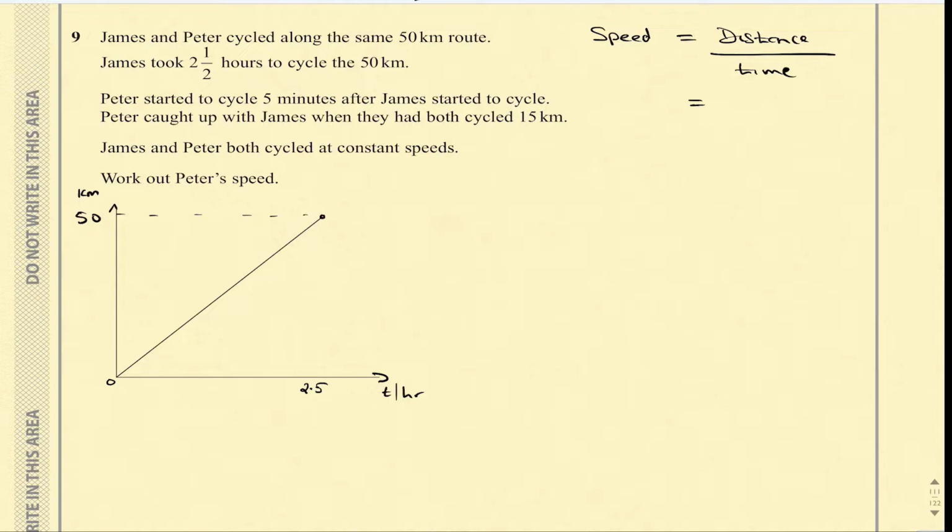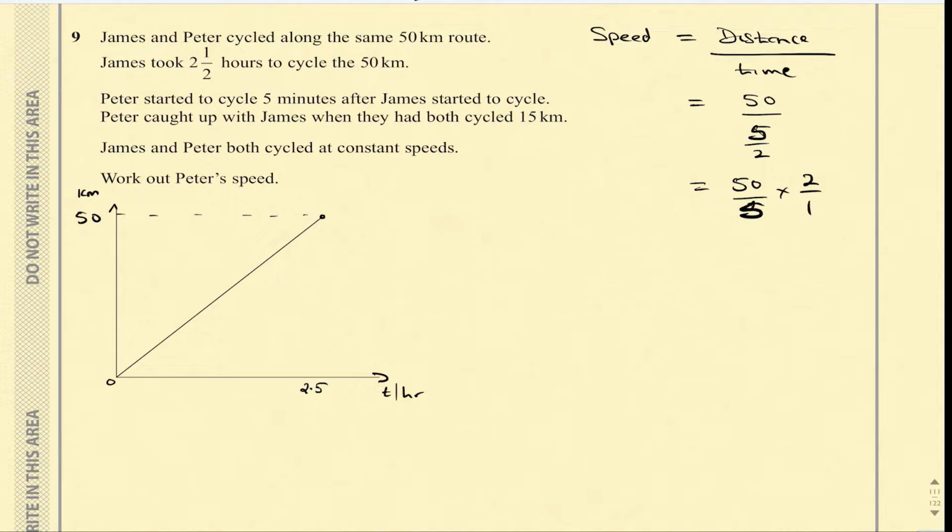For James, it would be 50 over 5 over 2, because 5 over 2 is 2.5. It's easy to work in this fraction because we're not using a calculator. So that would be 50 over 5 times 2 over 1.